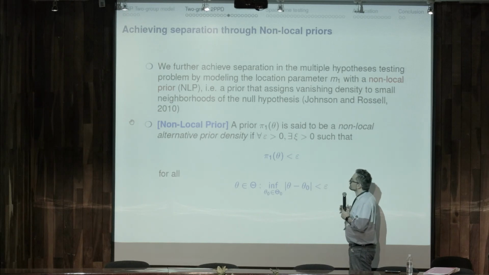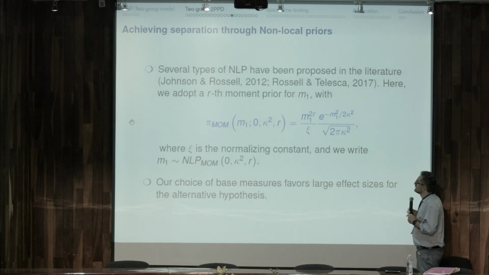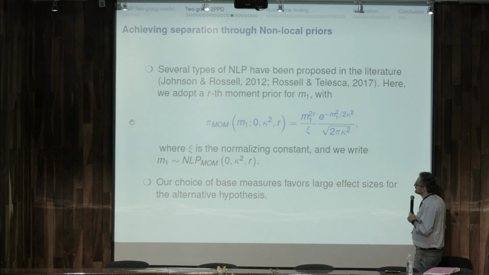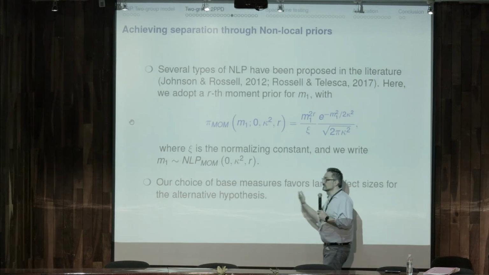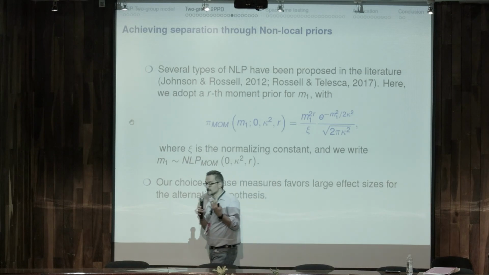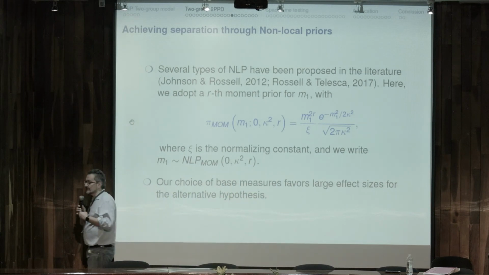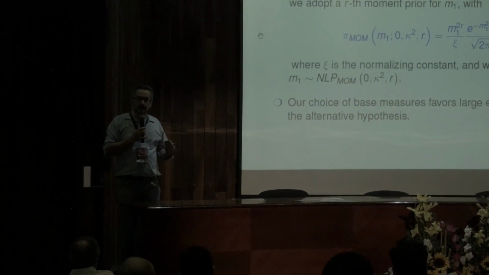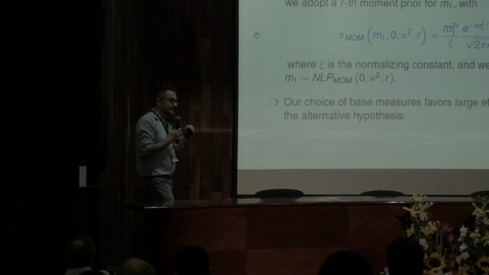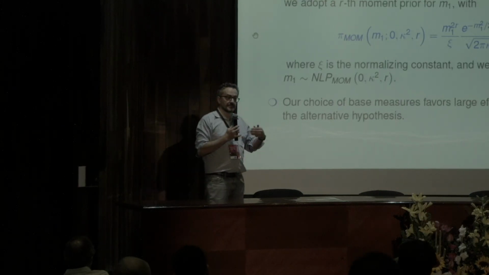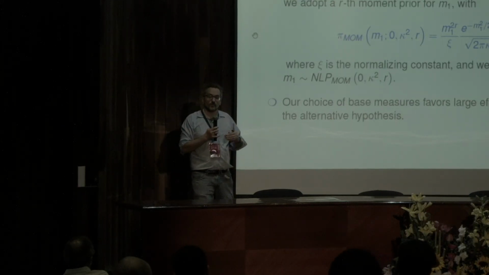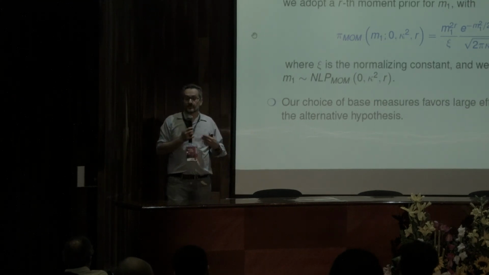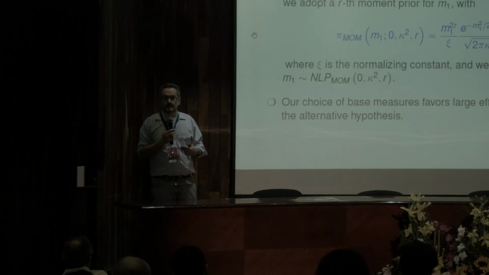So, in particular here, we are going to use what's called a moment prior for M1. And so, with the combined use of a non-local prior and the two-parameter Poisson-Dirichlet framework with sigma 1 and sigma 0 chosen carefully, we hope that this framework could help us improve the operating characteristics of the testing procedure.